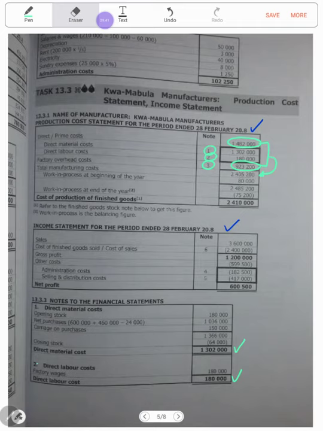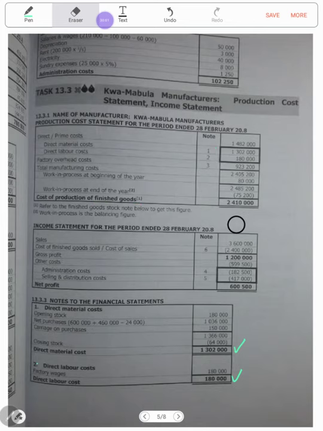Work in progress at the end of the year, it's work that is not yet complete. Remember, cost of production, you want to know what is the cost of the finished goods that we have completed. Anything that is not completed is taken out. All right. I hope that is clear, matrix.